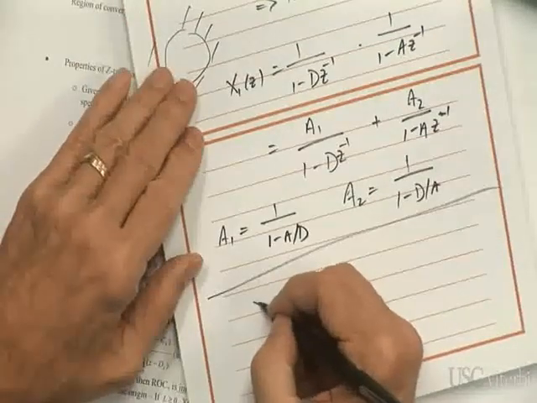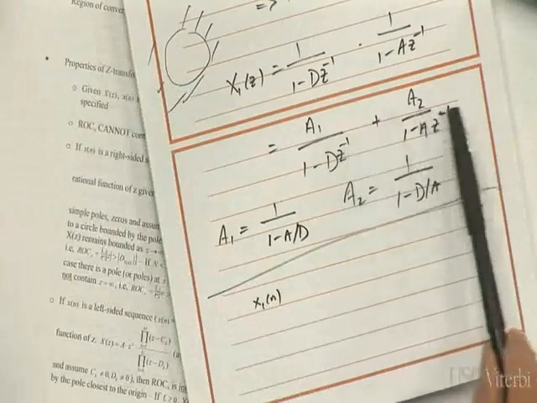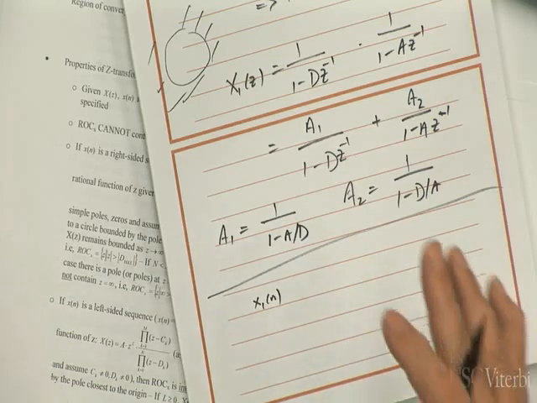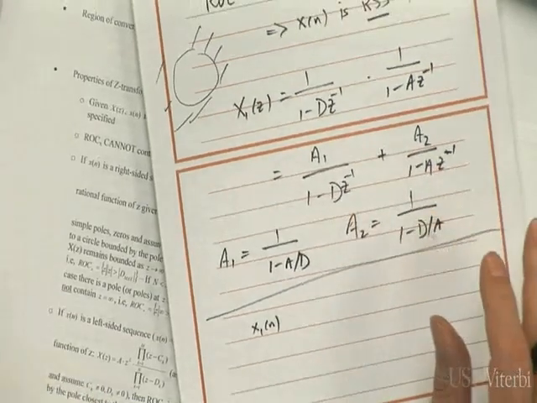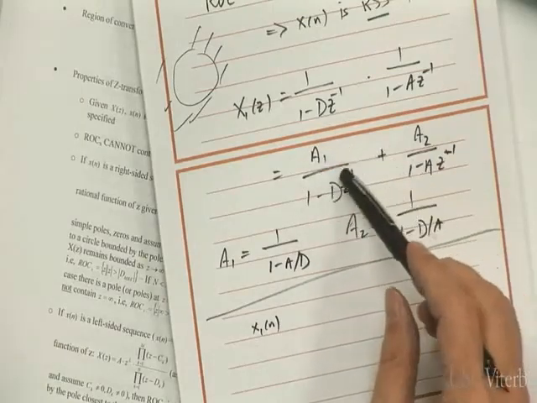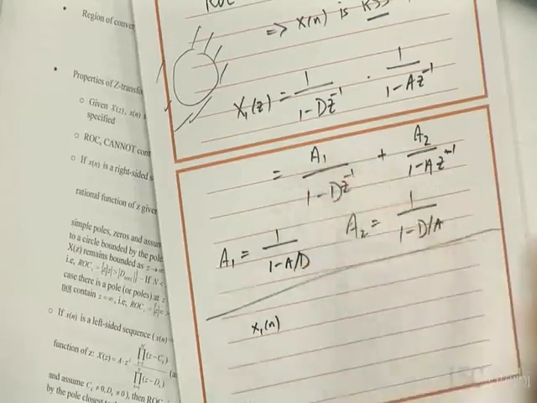Okay, so what is x1 of n? Well, now we've written it as the sum of these two inverse Z transforms. But get into your thinking on this: if I give you a Z transform of this form, you don't know immediately if it's right-sided or left-sided.